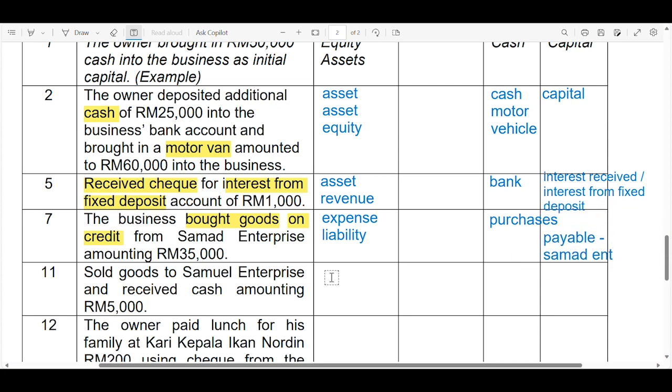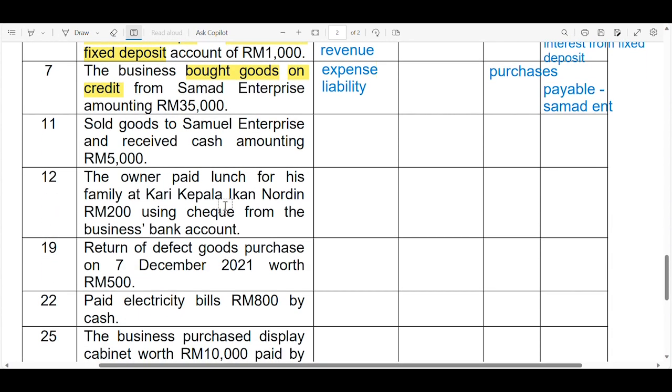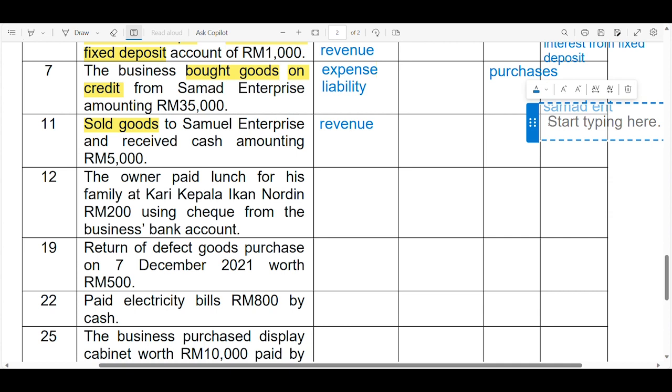Next. On 11th, sold goods to Samuel Trading. Like I always say, whenever you find sold goods, it means increase in revenue. Increase in revenue, you credit the revenue account. So which revenue account to be credited due to sold goods?